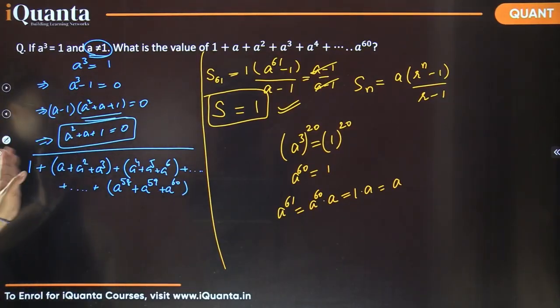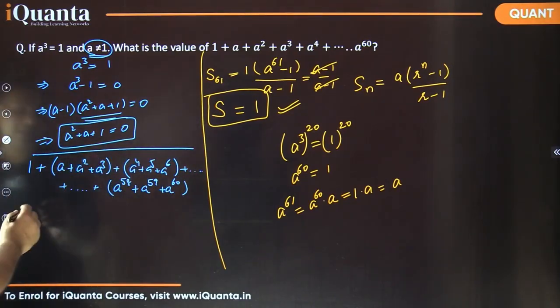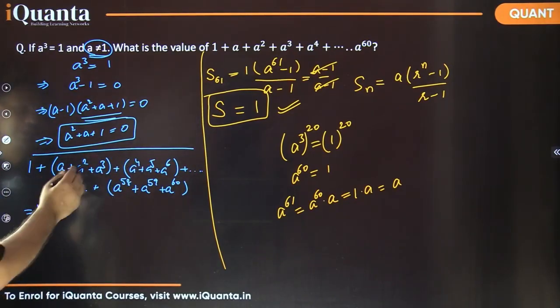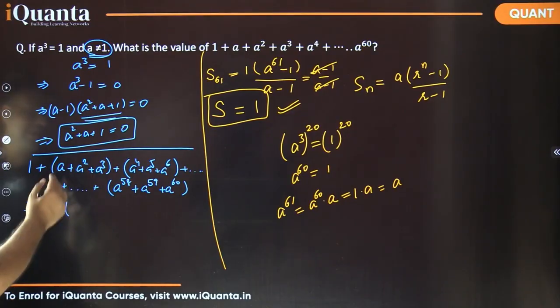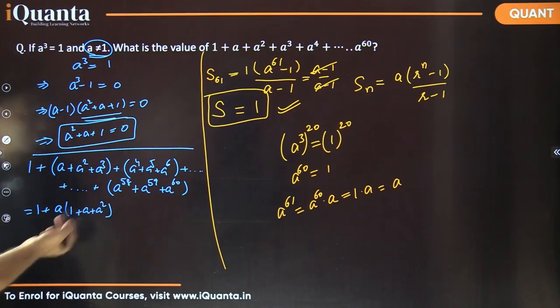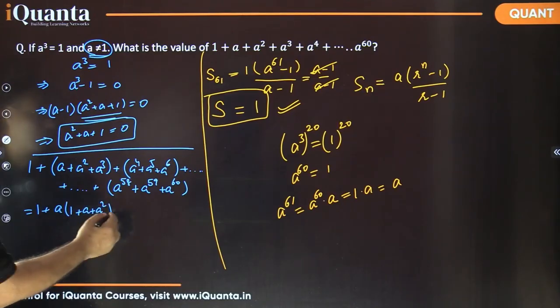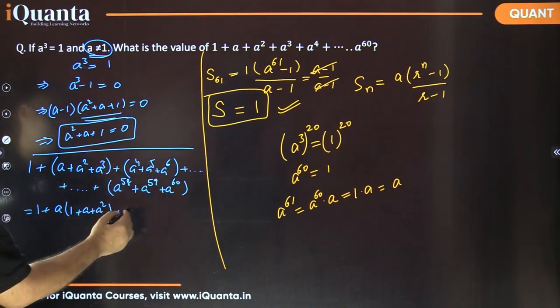After this first one, we are having 20 such groups, and from each group let's take something common. So 1, and in this second group I can take out a common. So taking a common, it is 1 plus a plus a square, isn't it? Which is 0. So this entire term becomes 0. Let's move further to the next group. I can take out a power 4 common here.